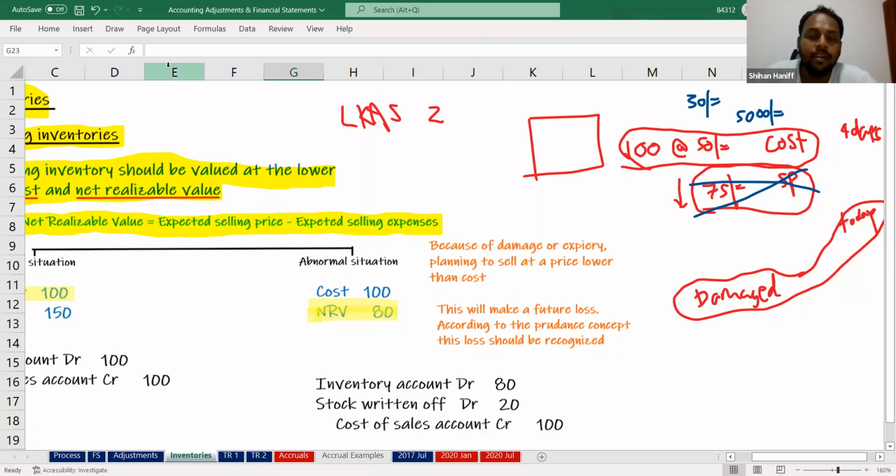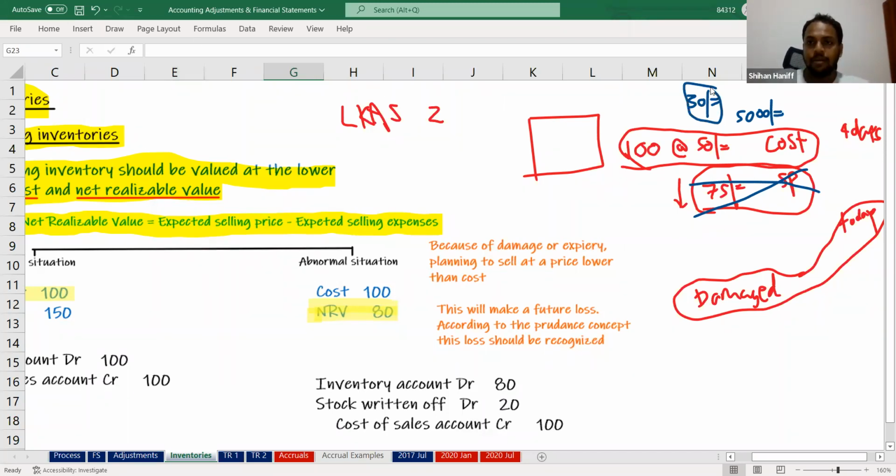You might have seen this in supermarkets, right? Even in Cargills or Keells, if you go at the last minute, they will sell vegetables and fruit at a low price, even less than the cost, 50% off, 75% off. The reason is they need to reduce their loss, so they will sell lower than the cost.